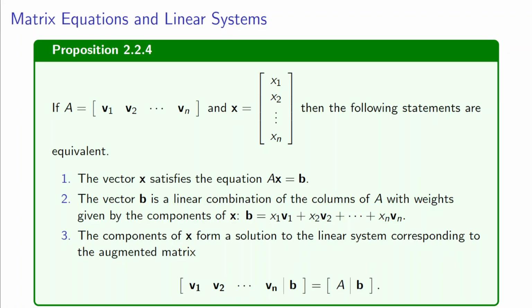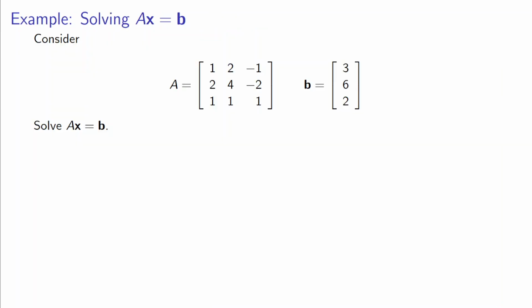The key here is that we're connecting this equation, Ax equals b, to the concept of linear combination, and to the concept of a linear system. So we want to keep those three interpretations in mind and understand that they're equivalent and how they're equivalent. Let's take a look at one more example here.